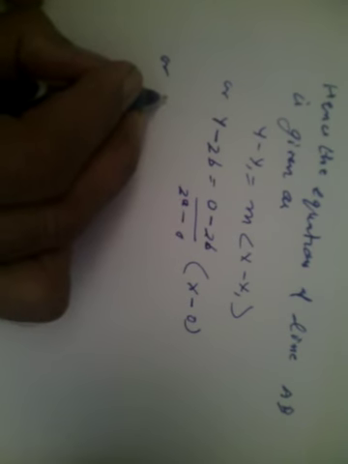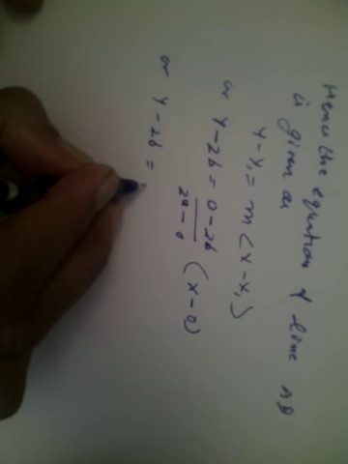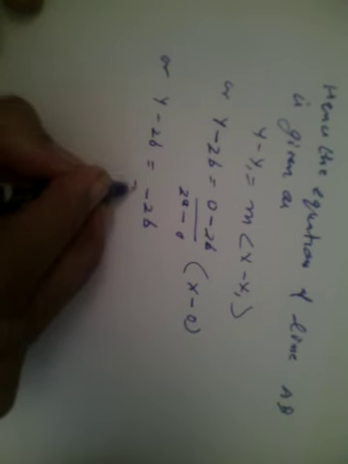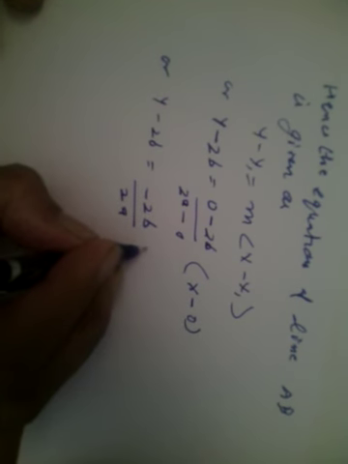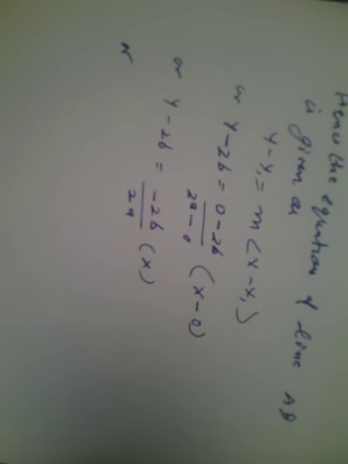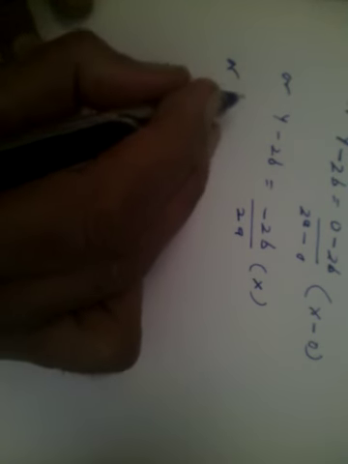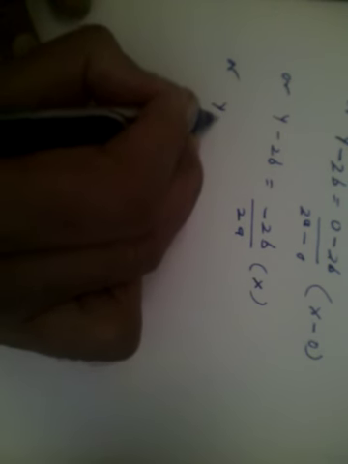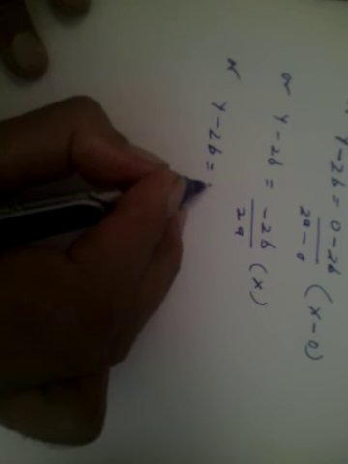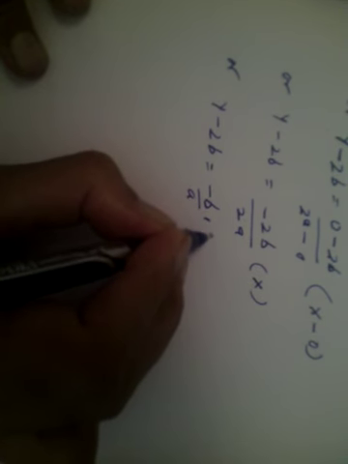It is equivalent to y minus 2b is equal to minus 2b divided by 2a into x, or y minus 2b is equal to minus b by a, as 2 and 2 get cancelled, into x.